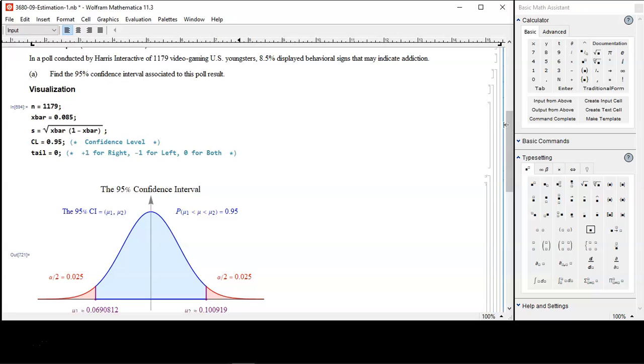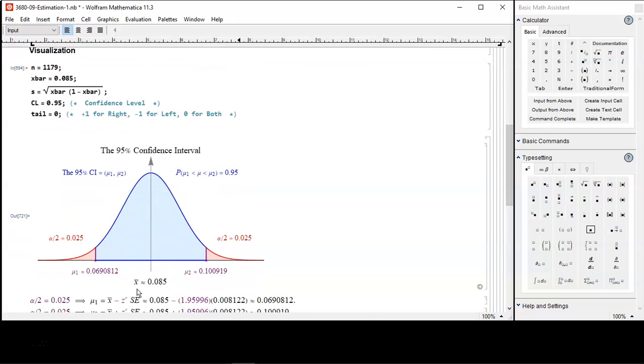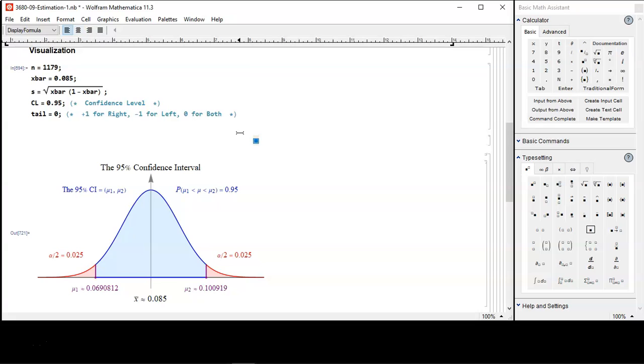Okay, here we go. So the center is the observed mean of 0.085, that's the observed proportion, and 2.5% here, 2.5% there, 95% in the middle. And then you're going to find out the z-score associated to the left-hand side shading of 2.5%. So let's say this is the left-hand side endpoint, L. L minus center over SE.